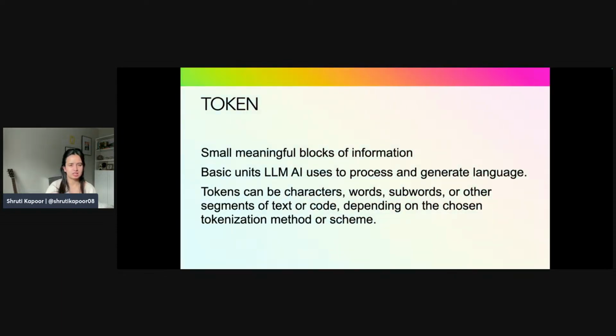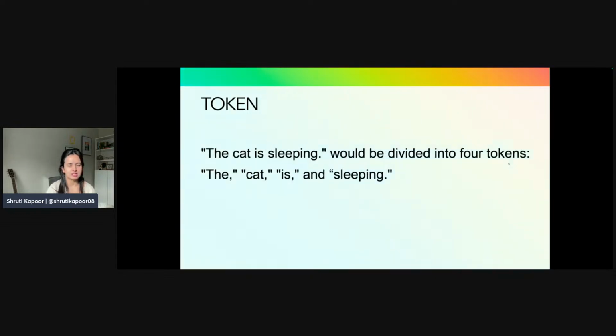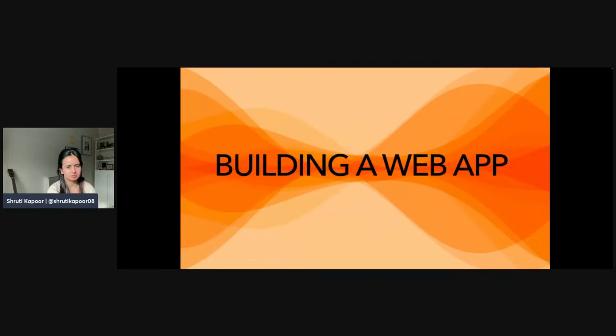For example, if you send a giant amount of code, the LLM breaks it down into smaller segments so that it can understand it, and that is the token. It can be characters, words, segments of code, parts of an image, things like that. For example, a sentence like the cat is sleeping will be divided into 4 tokens: the, cat, is, and sleeping. Why this is important is that the number of tokens determines how much you end up paying to the AI servers. So the larger the number of tokens, the more you end up paying.